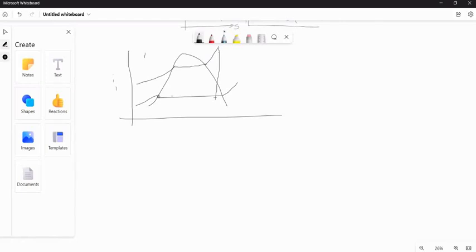So this is P1, 20 bar, and P2, 0.08 bar, right?